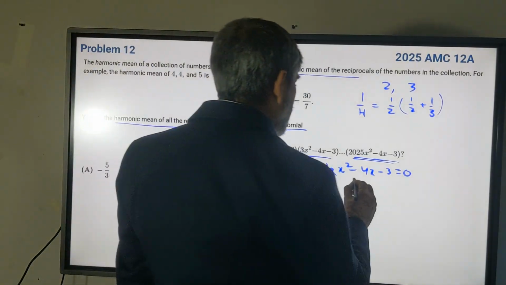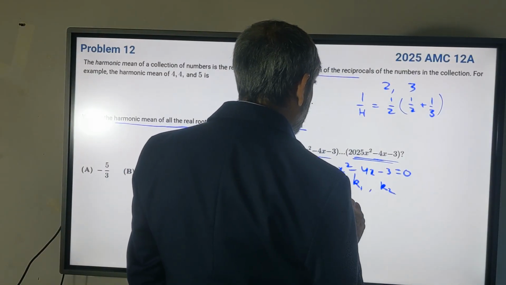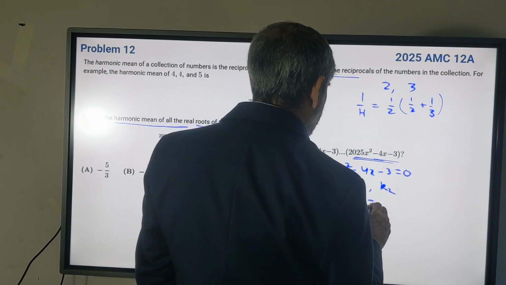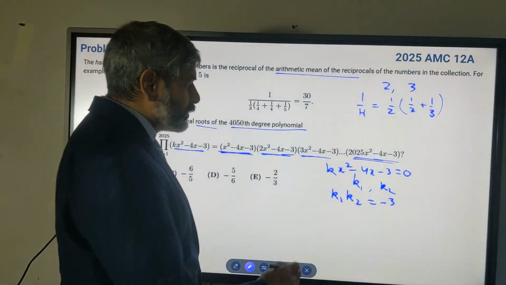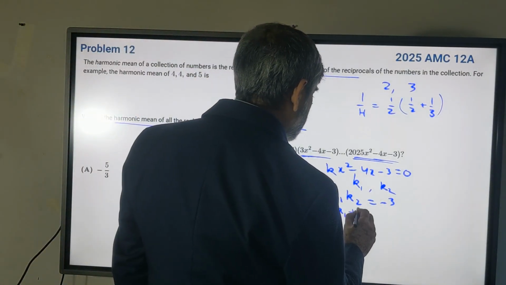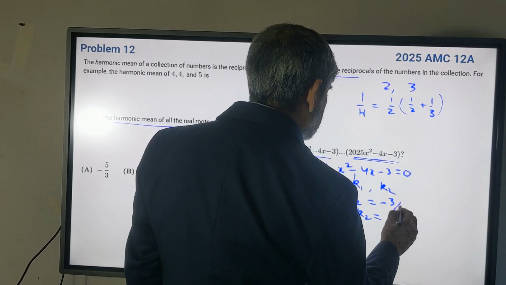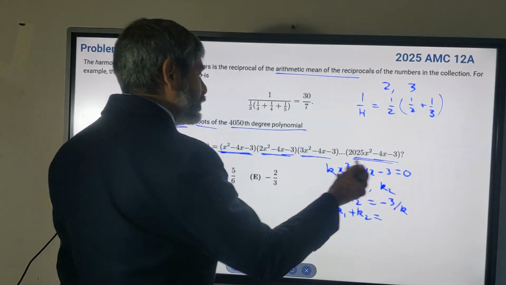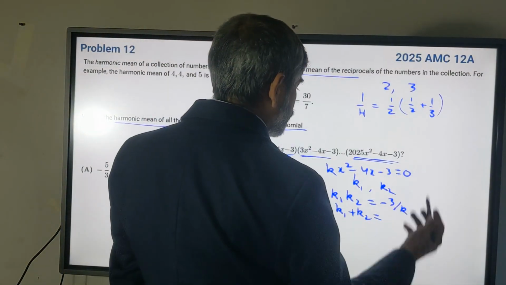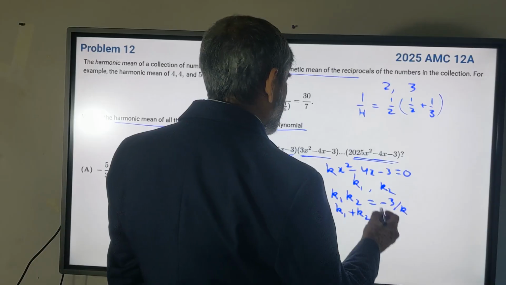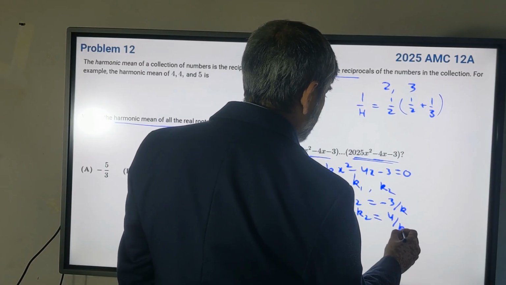So let's say they have roots k1 and k2, and we notice that k1 into k2 is equal to minus 3, which is c by a for an equation ax square plus bx plus c, and k1 plus k2 is equal to minus b by a, so this is going to be 4 by k.